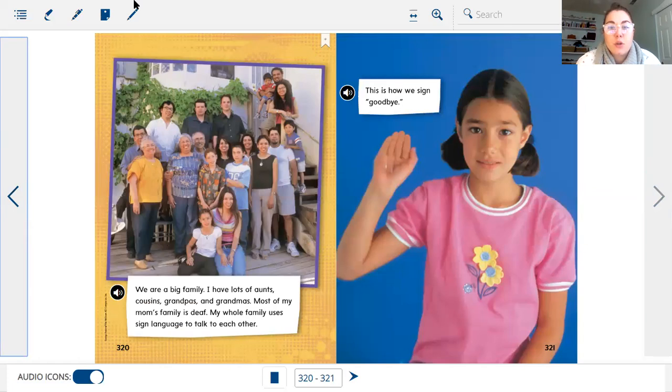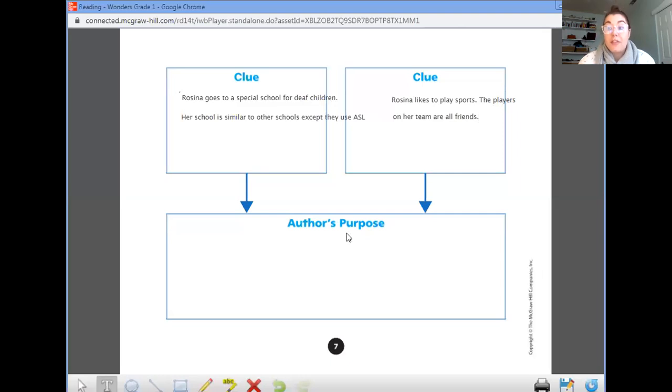Let's go back to our author's purpose. So what information did you read about Rosina? There was a lot of information about her on our pages. If you were to go back into the story and think about, what did she like to do? Where did she go to school? Who does she spend time with?